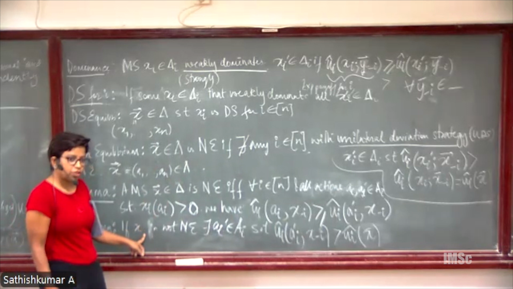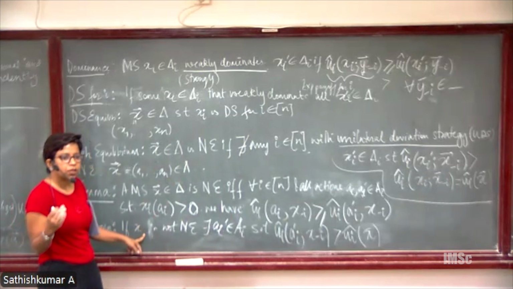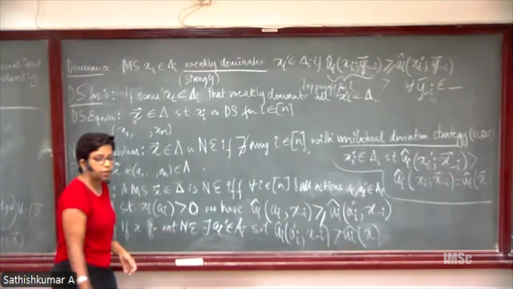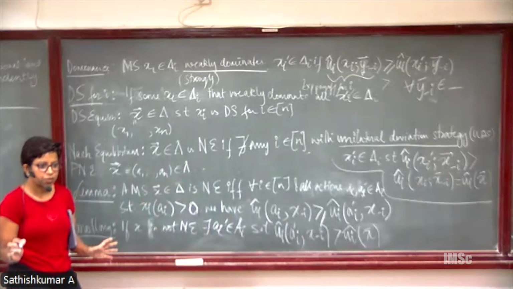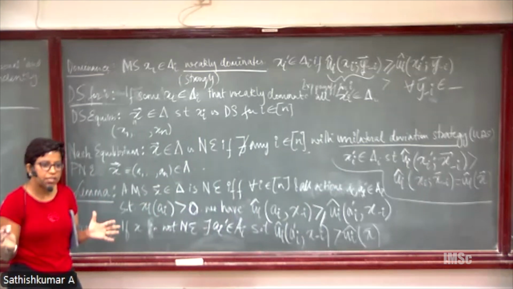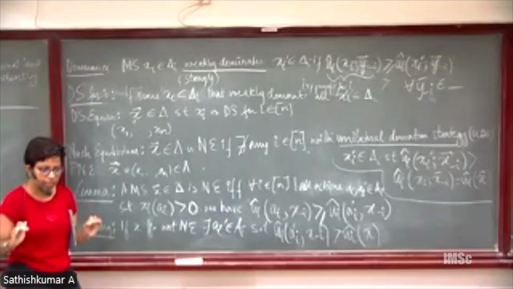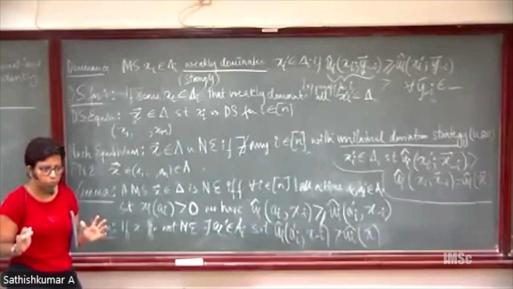Whenever we argue about something not being a Nash equilibrium, this is the property that we use, because then it becomes very easy for us to say, okay, if this is not a Nash equilibrium, there is a pure strategy which he can play that gives him a strictly better outcome.